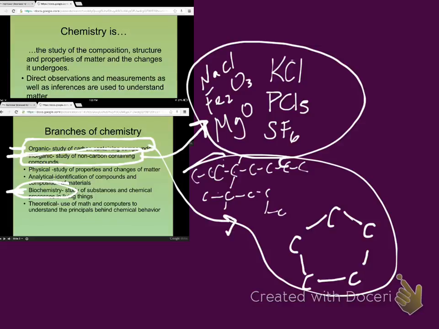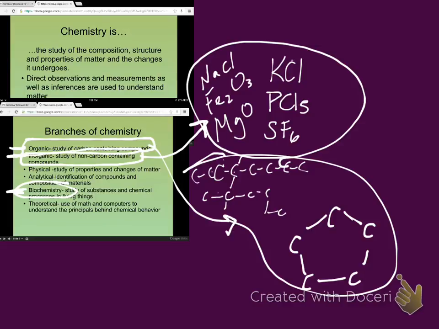Biochemistry is where we look at only those chemicals that have activity in living things and how those chemical processes in living things work. So a biochemist would be working on metabolism of certain kinds of foods, or there's a lot of biochemistry in neuroscience.